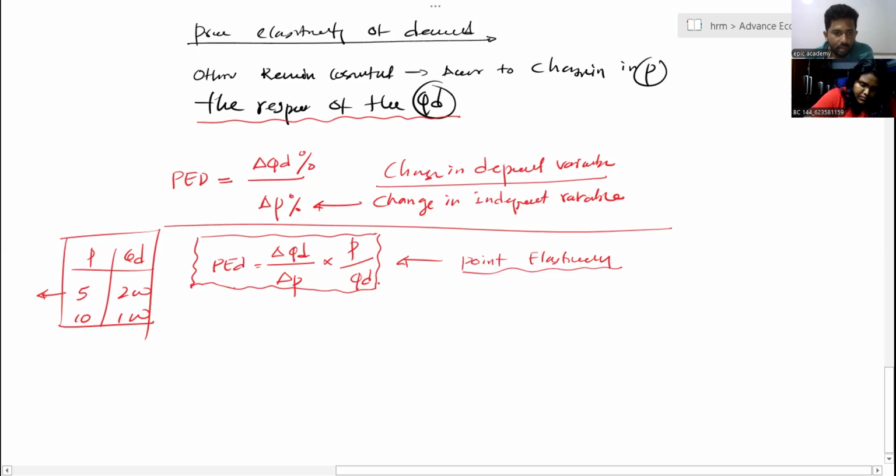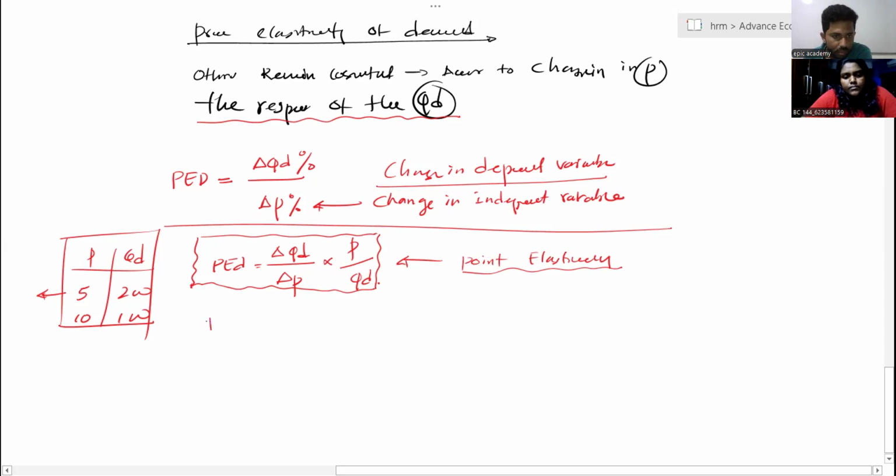And another equation is there. It can be used to calculate the elasticity between two prices.